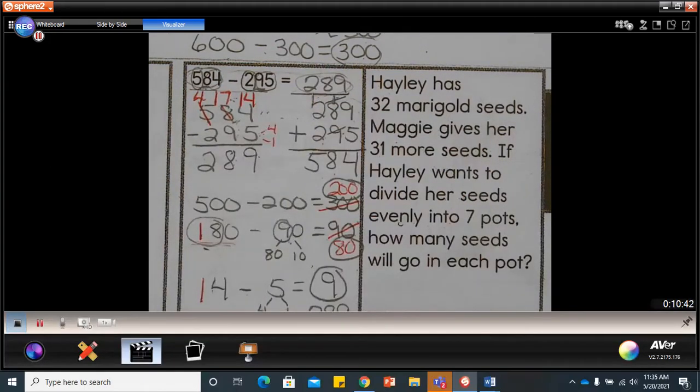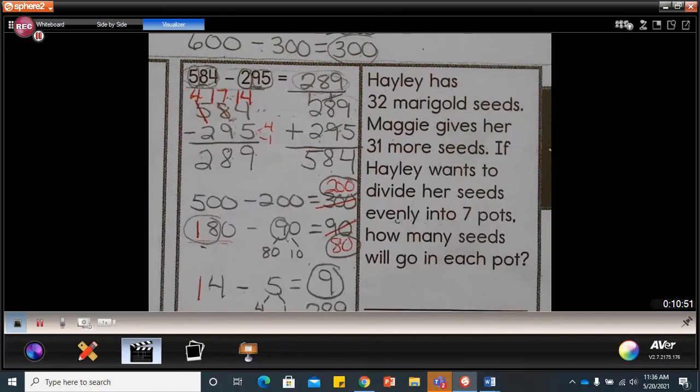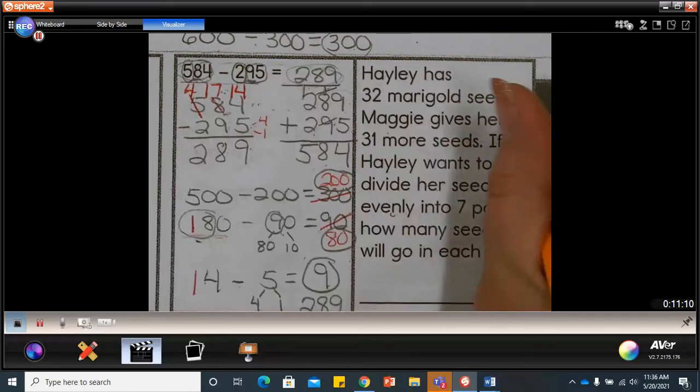All right, that next word problem might be a little tricky, so let's take it step by step. So Haley has 32 marigold seeds, and Maggie gives her 31 more. So what happens when Haley has 32 and Maggie gives her 31 more? Right, you're adding them together.